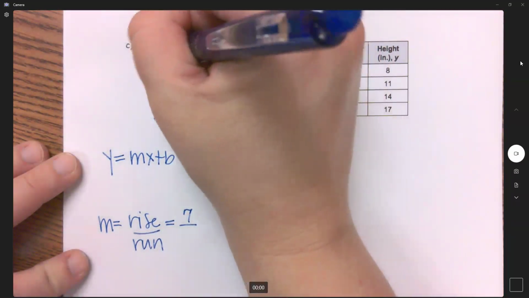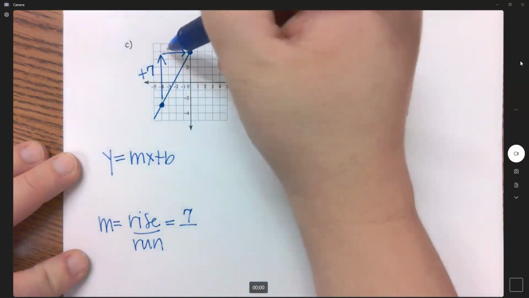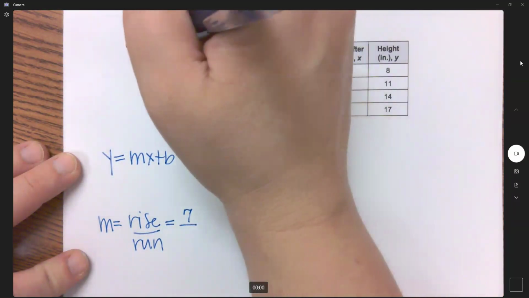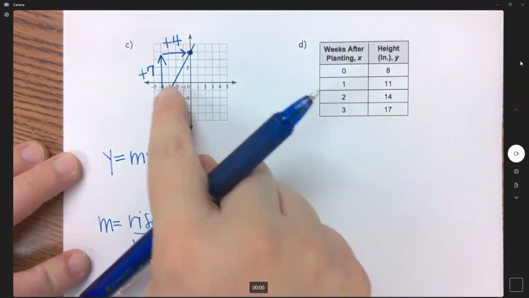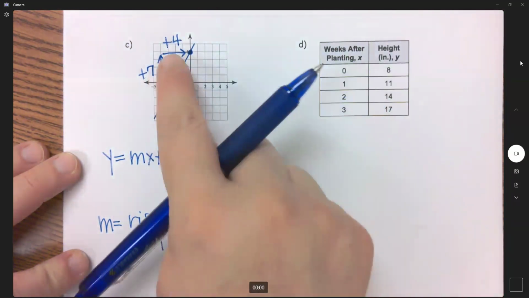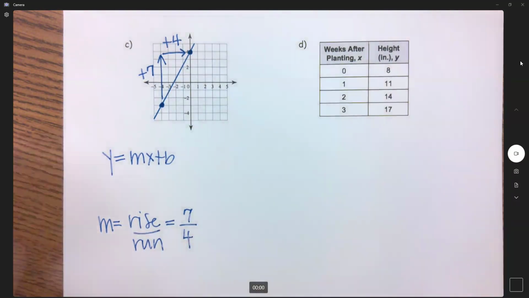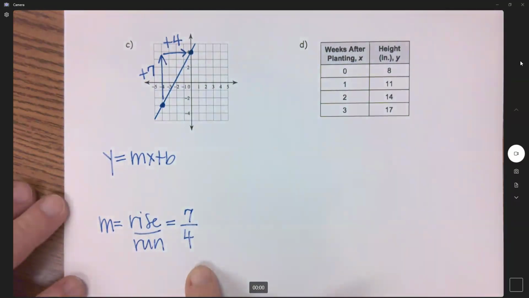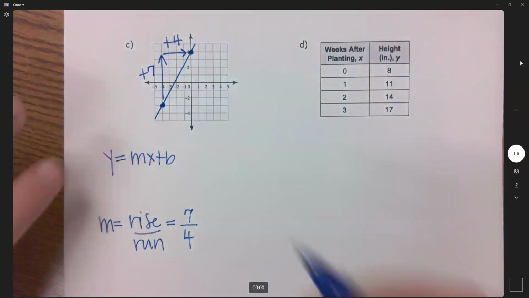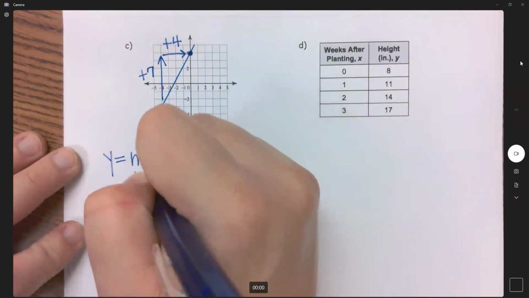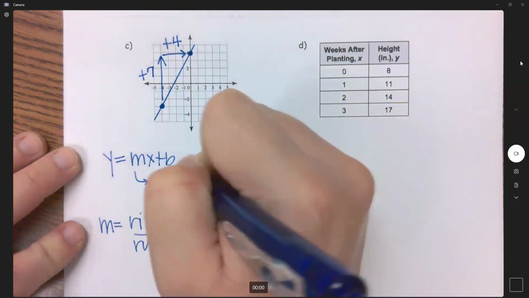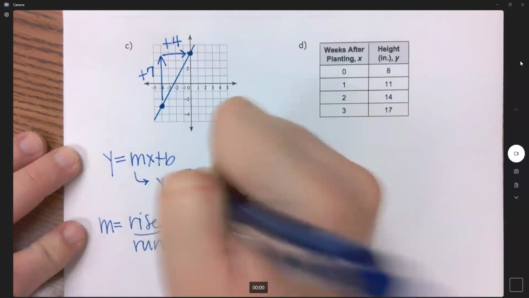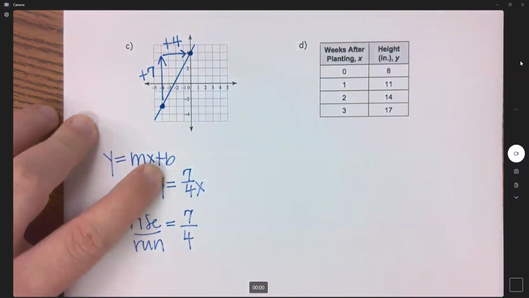And then my run, we are going over 1, 2, 3, 4. And because it's moving to the right with all these positive numbers, it's a +4. Okay, I can't reduce that at all. So here we have y equals 7 over 4x, and then I need my b.